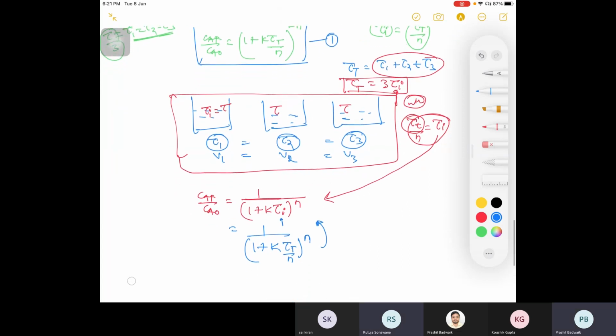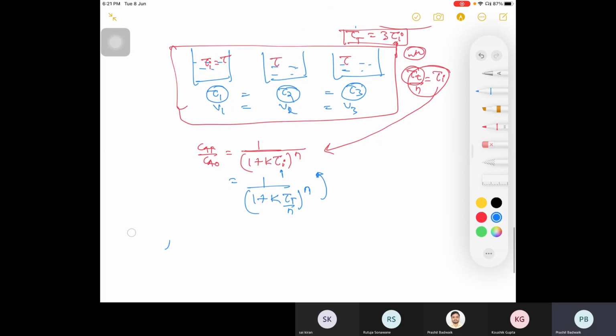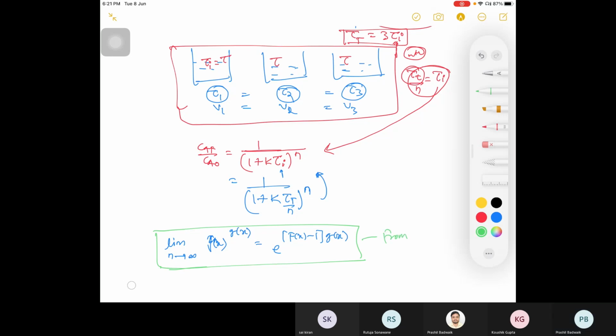Yes, sir. Understood. Okay, now in limits you must have read, suppose you have limit n tending to infinity, right? f of x to the power g of x is equal to e to the power f of x minus 1 into g of x. This is your standard formula from limits.